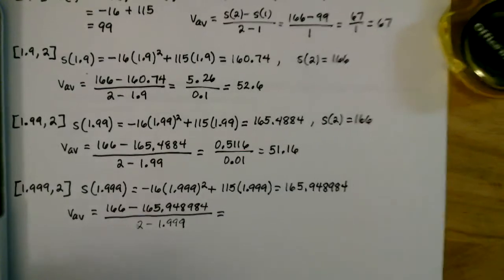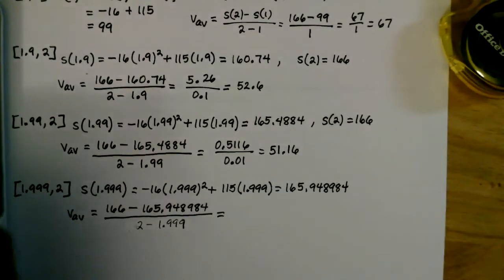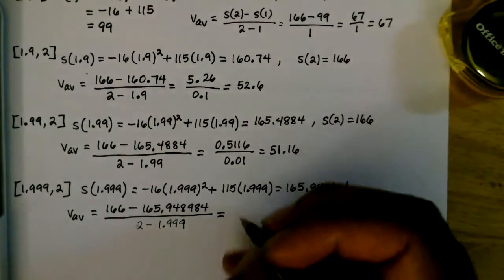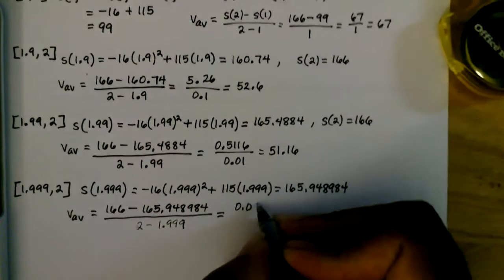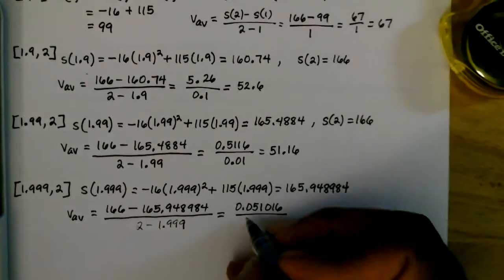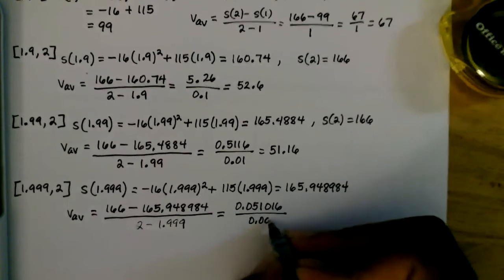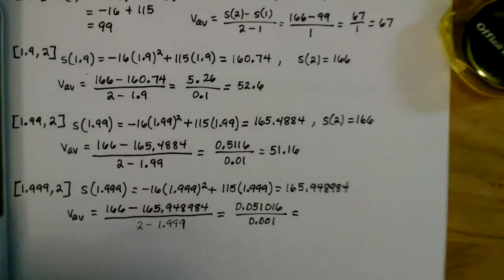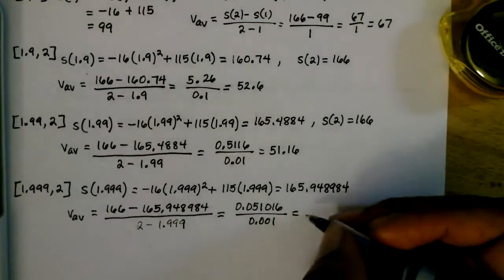All right, so if I subtract that numerator, that would be 0.051016. The denominator will be 0.001. This will be 51.016.